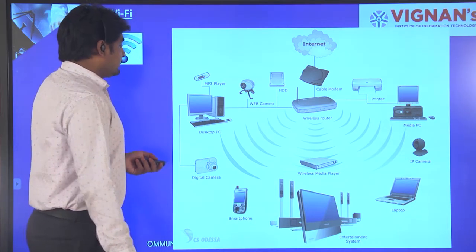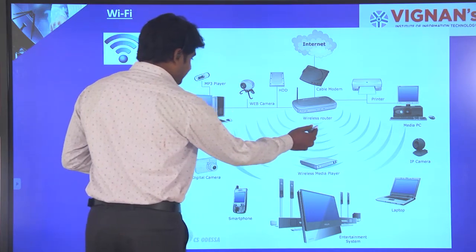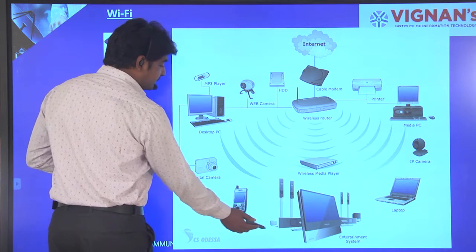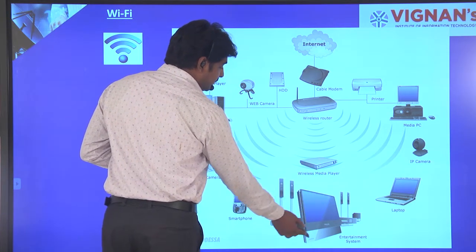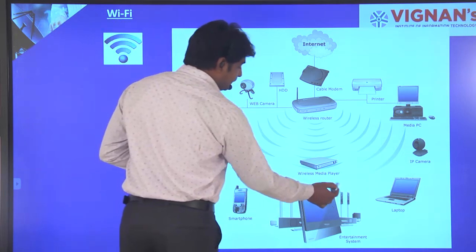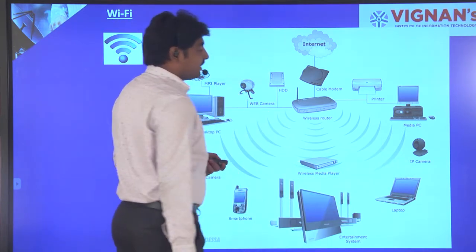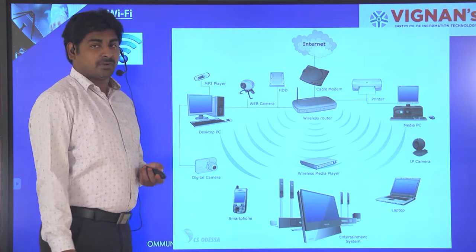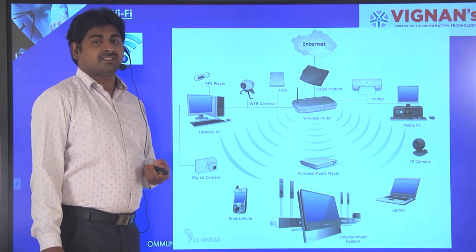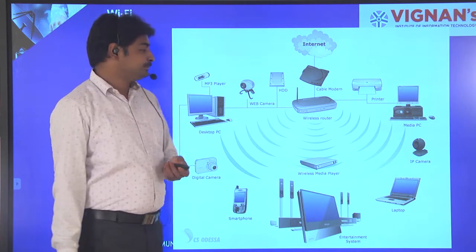There will be a Wi-Fi router. This Wi-Fi router can provide data to digital cameras, smartphones, TVs, players, laptops, and other devices. To everything we can provide internet through Wi-Fi. Wi-Fi means wireless fidelity.